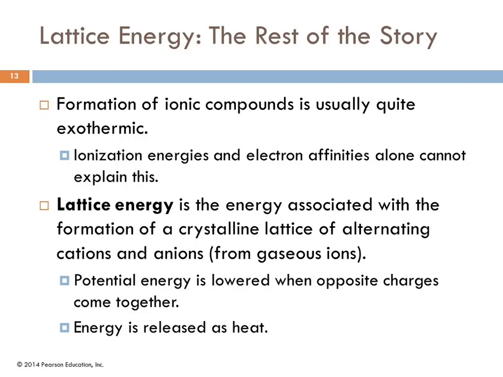And I visualize ionic compounds a little bit like that. You've got the cations and the anions, and they stick together because of the attraction between the positive and negative charges. Well, the potential energy is lowered when you get those opposite charges together. And so energy is released as heat, and it's an exothermic process.